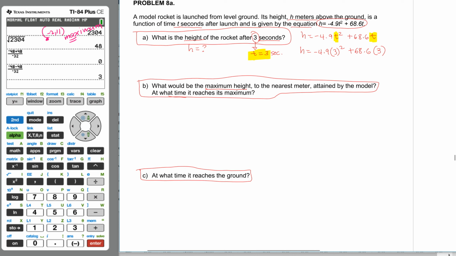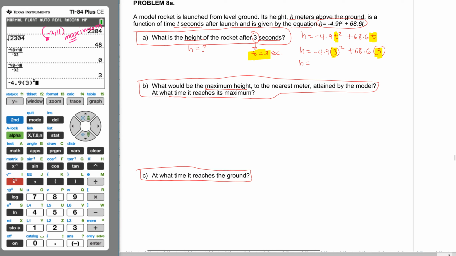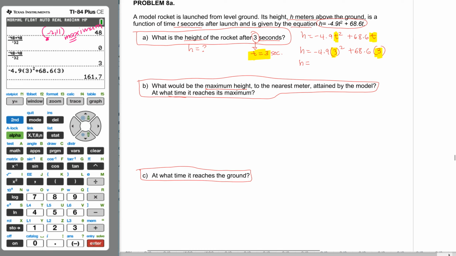I just plug it in here and here as well, and then the rest is just calculator work. Enter negative 4.9 times 3 in parentheses squared plus 68.6 times 3, and press enter. So you have 161.7.